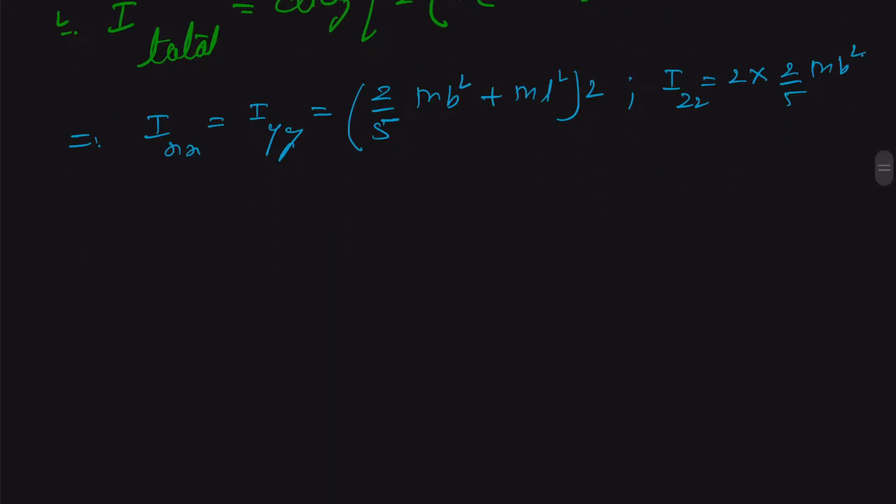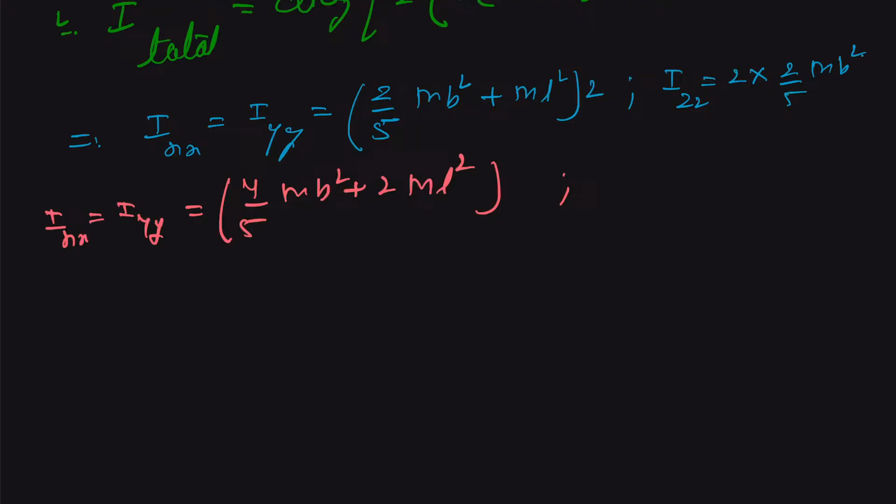So from here we get this as our 4/5 MB² + 2ML², and this was our Ix, Iy, and we have our Iz as 4/5 MB².